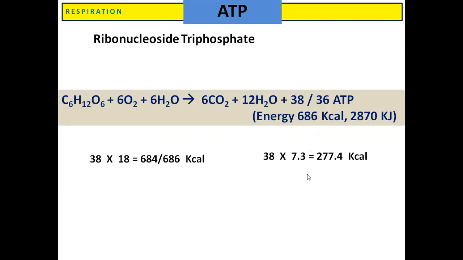If we calculate the percentage efficiency of aerobic respiration, one glucose molecule gives 277.4 kilocalorie of efficiently available energy, and its energy efficiency percentage varies between 40 to 45%. Therefore, we can say that the energy efficiency of one glucose molecule in aerobic respiration is 45% only.